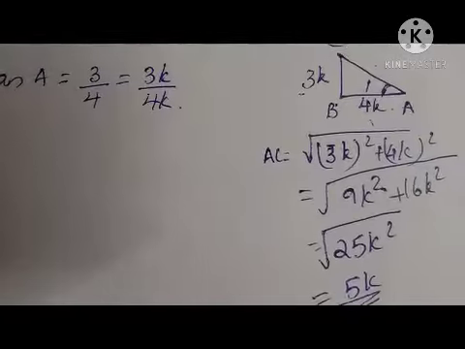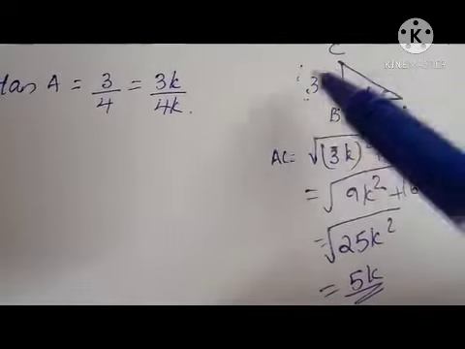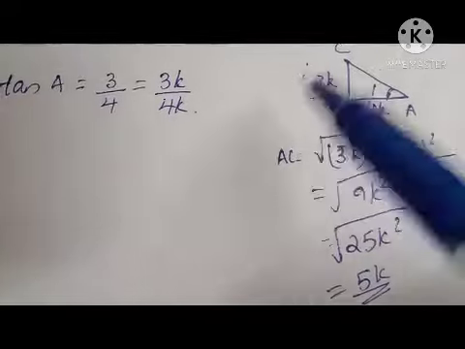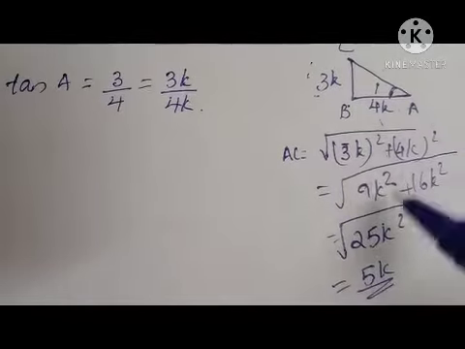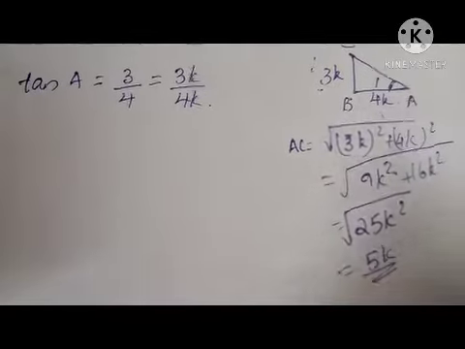That is equal to 25k square. Its square root will be 5k. So easily you can identify that this is 3, this is 4, then this will be 5. That means 3 square plus 4 square, its square root, that will be 5. Okay, so it is a 2-mark question, so you can reduce the steps.